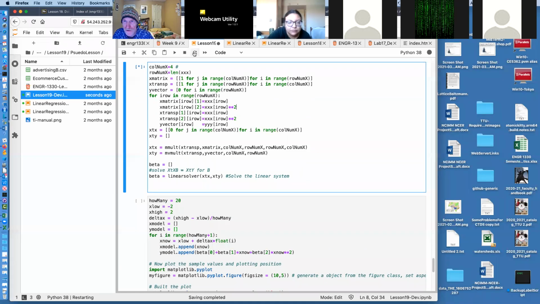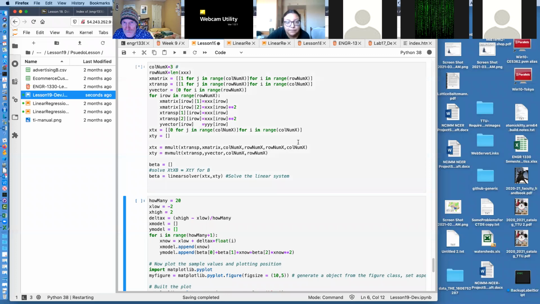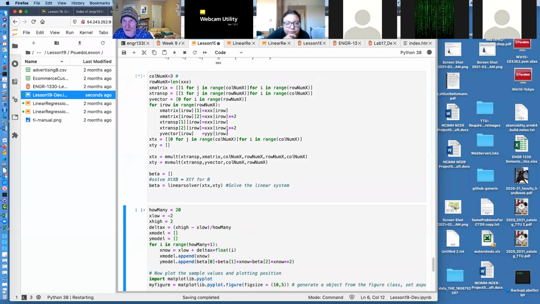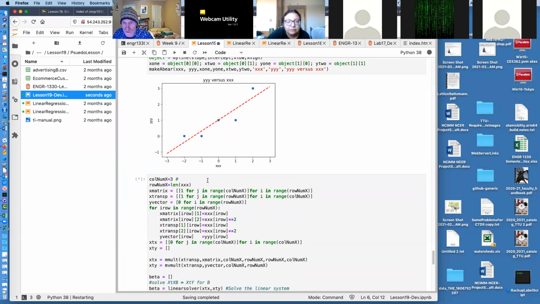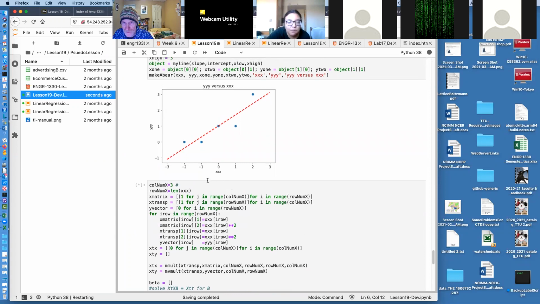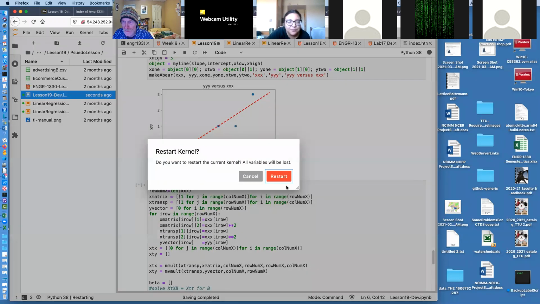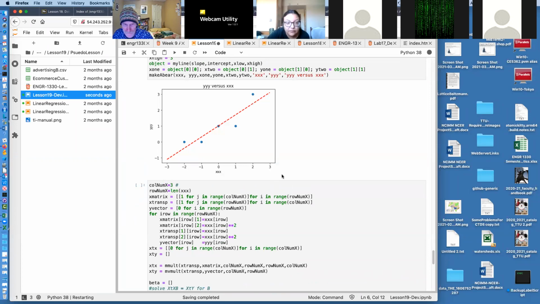Have to stop the kernel. Yikes, that is one broken script. That happens. Restart.